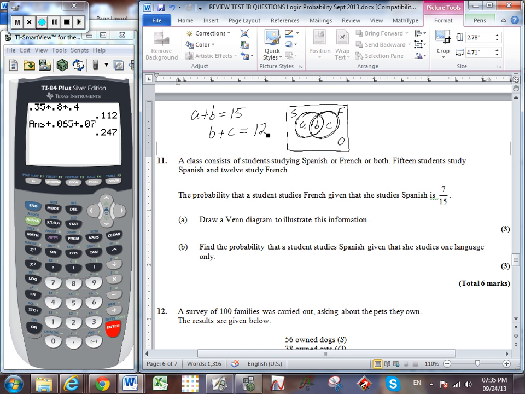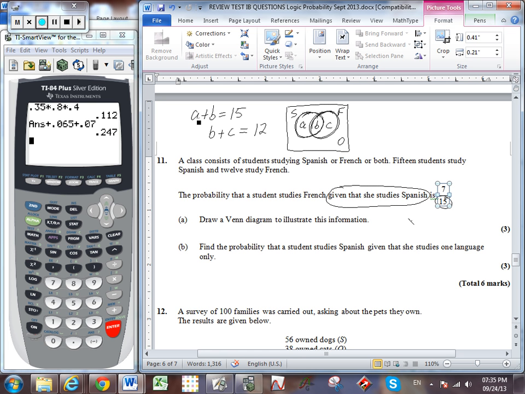Alright, let's go on. The probability that a student studies French, given that she studies Spanish, is 7 over 15. You have been given that she studies Spanish, and we know that the given probability is always the one on the bottom. We've reduced our field of vision to only these 15 Spanish studiers.